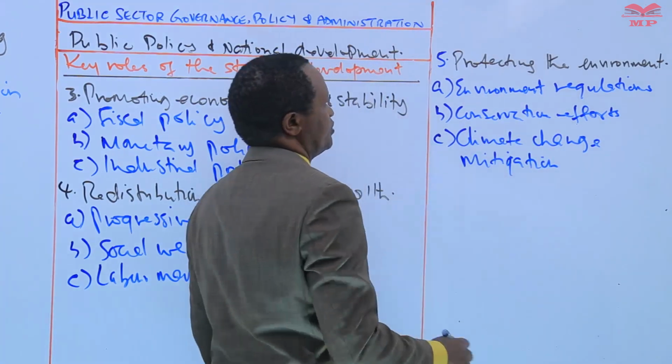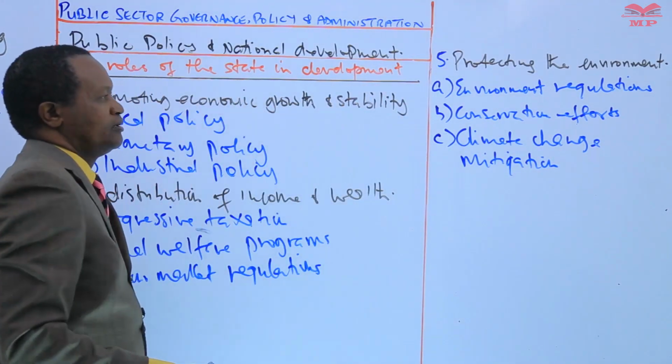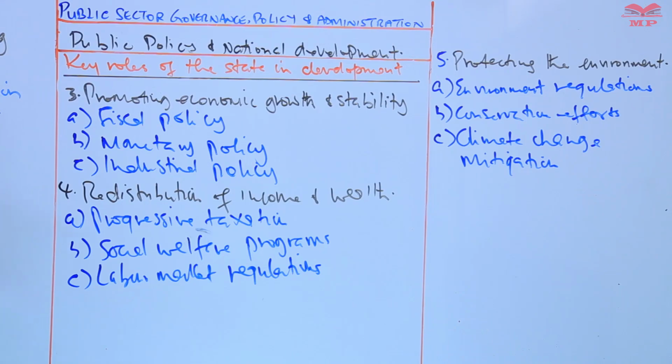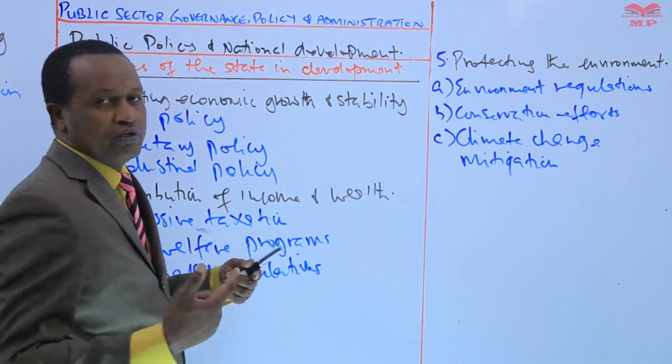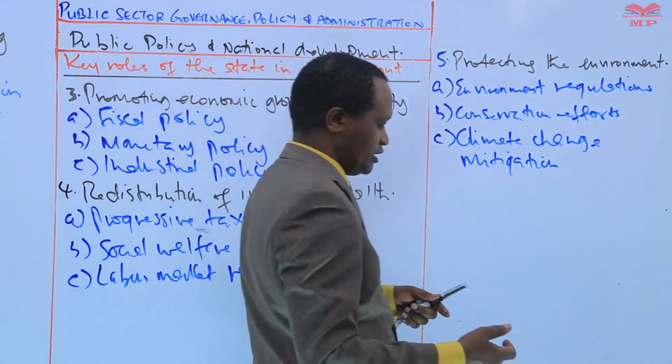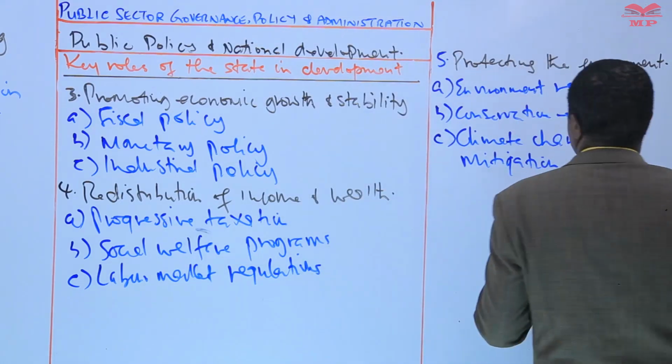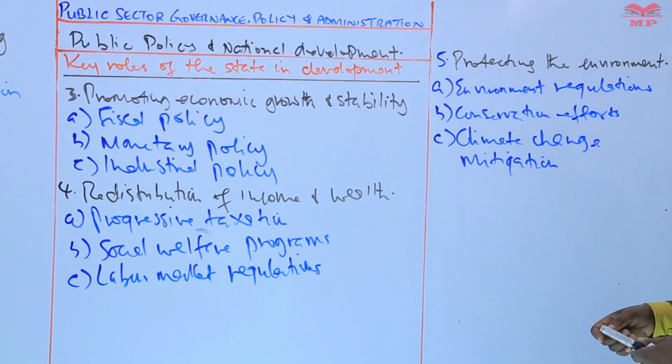The state can protect the environment through climate change mitigation. That means reducing greenhouse gas emissions and adapting to the impacts of climate change.